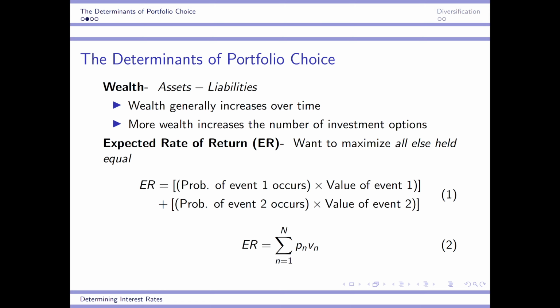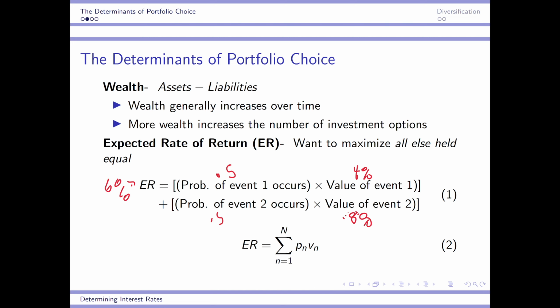So using this example, if there's a 50% chance of each, we'll say that the expected return is equal to 0.5 times 4% plus 0.5 times 8%. So the expected return is equal to 6%.